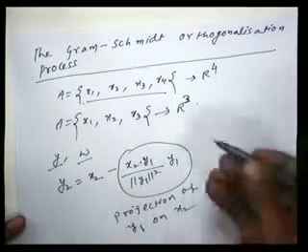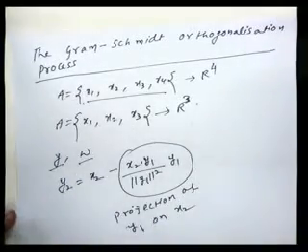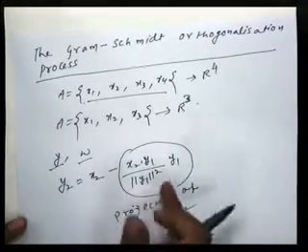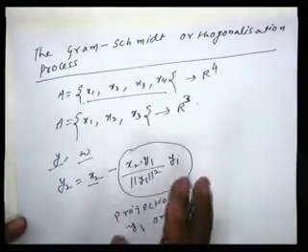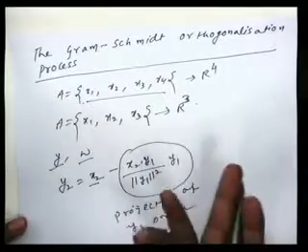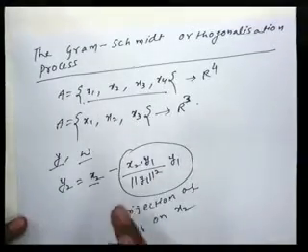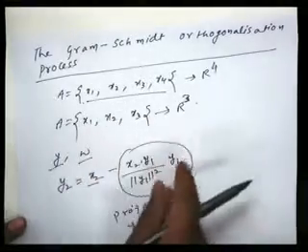Similarly, you can also see through a geometrical figure how the projection is happening, and that projection is getting subtracted from the given vector. This is the process by which we convert the given vectors into orthogonalized vectors, using the projection formula.